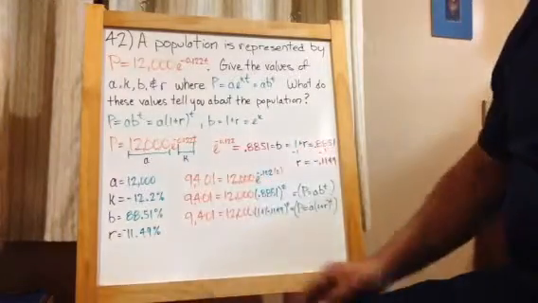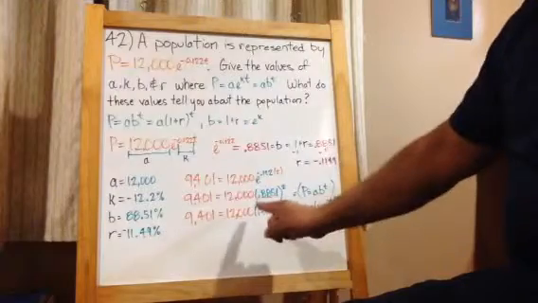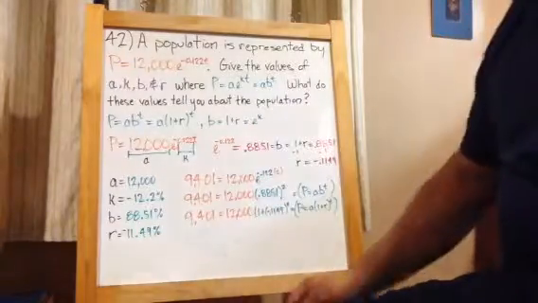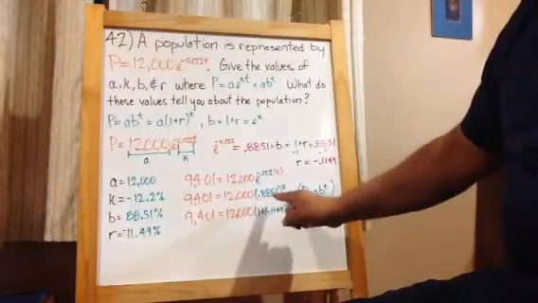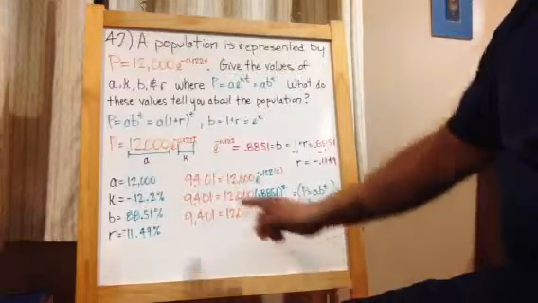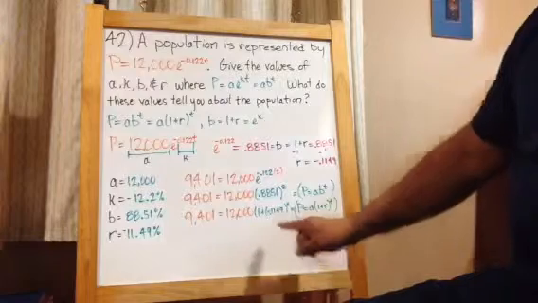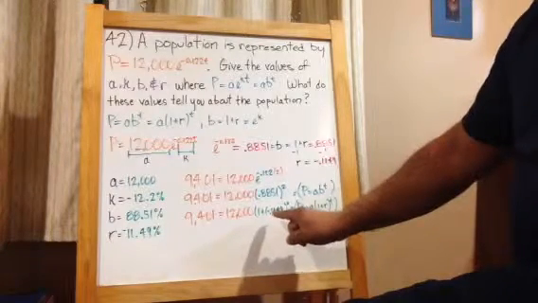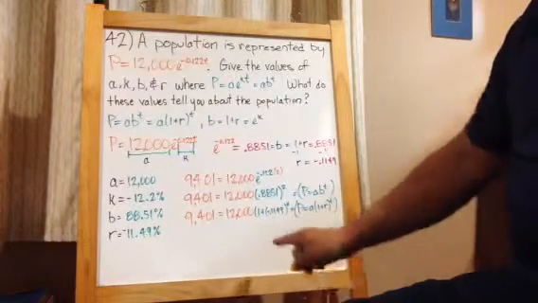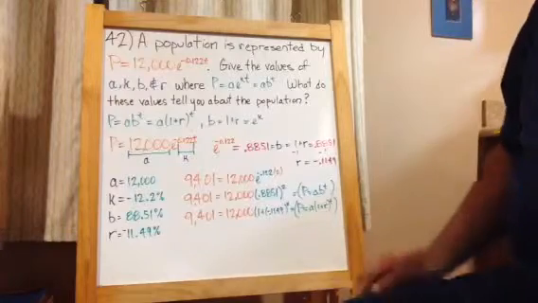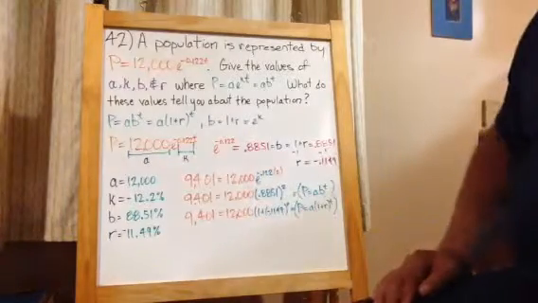What I got was 9,401. I did the same using the growth factor, which is 0.8851, and I got the same number. And I did the same using the decay rate, 1 plus negative 0.1149, which is this formula here. And I got the same number.